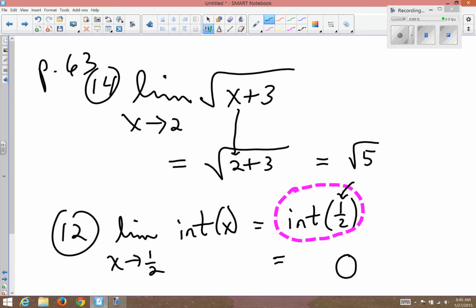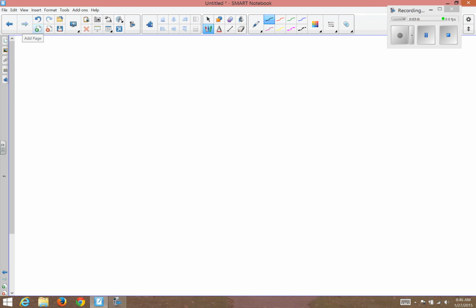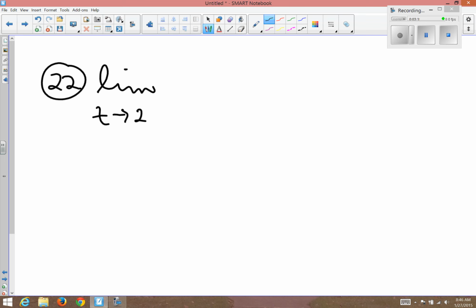Now, some limits are not as simple as these. Still easy, like number 22, still on page 63. It's the limit as t approaches 2 of t squared minus 3t plus 2 over t squared minus 4.